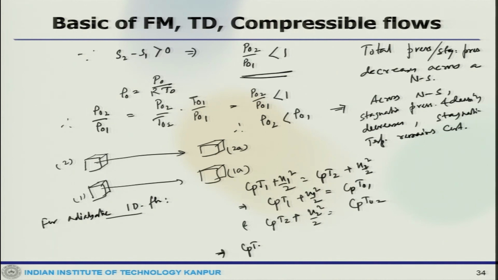So Cp T01 equals Cp T02, T01 equals T02, since Cp is constant.